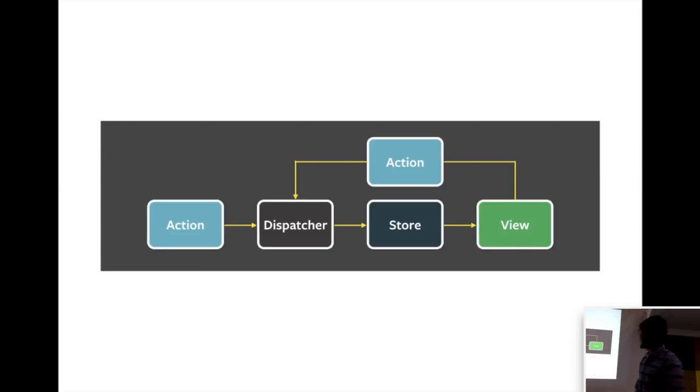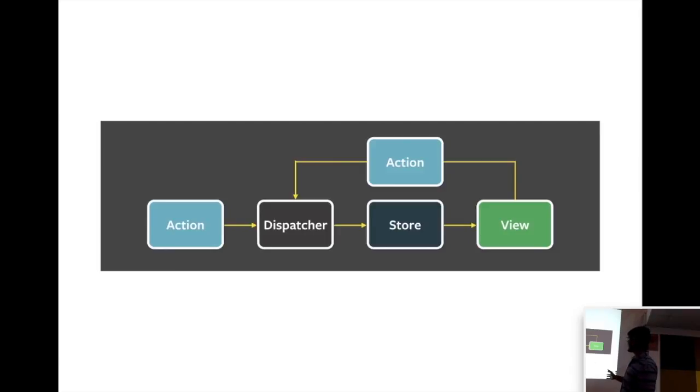As you can see, this is the view part. This is what React helps you build, and all the remaining stuff you will have to use some other library or framework like Redux or other implementations of Flux, like Reflux.